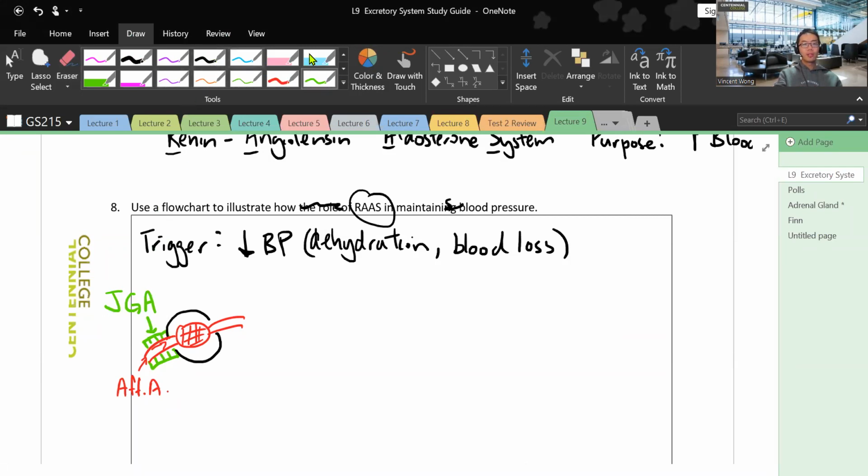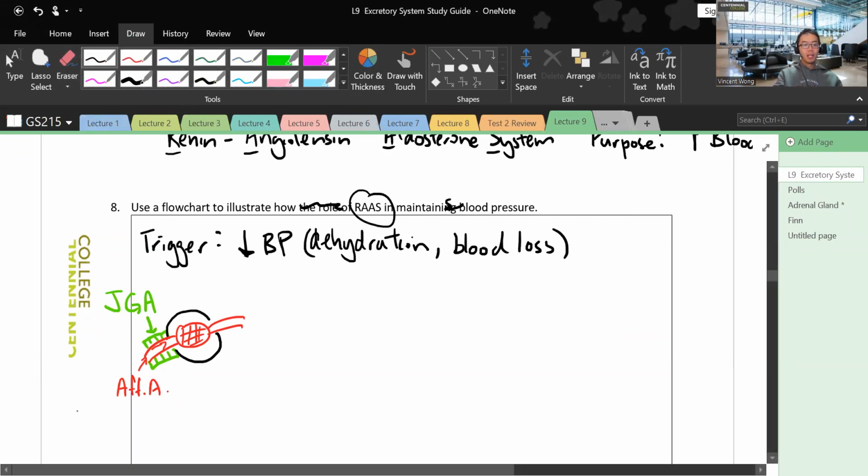All right. So here's what's going on. You experience a drop in blood pressure. That will cause the blood flow to the glomerulus to be reduced. And the JGA is going to detect that sudden drop in blood flow.